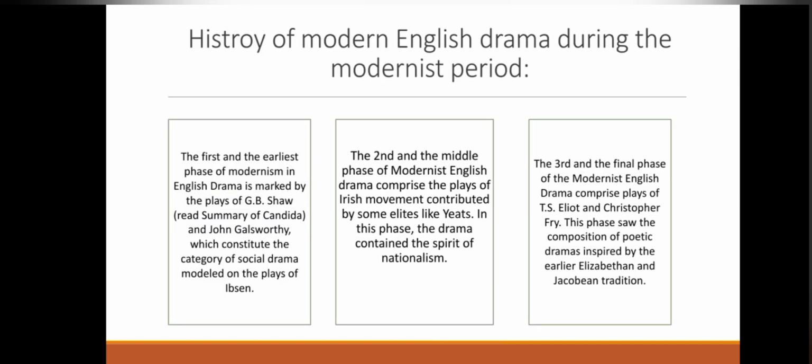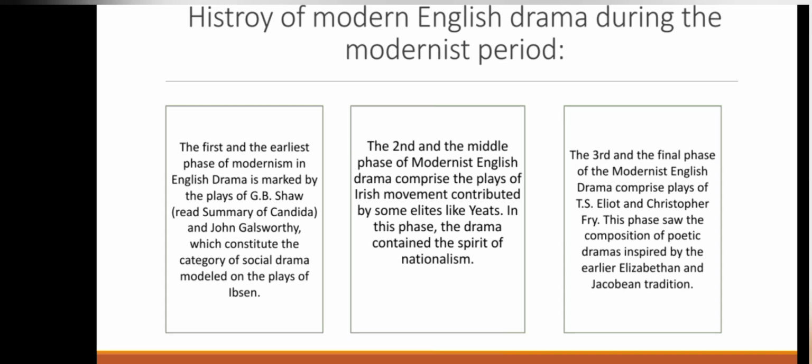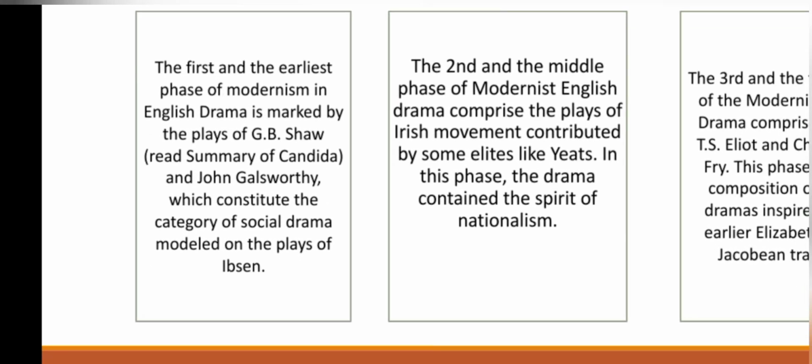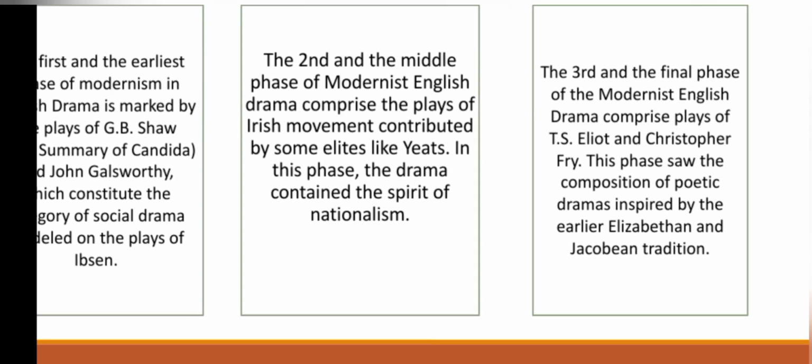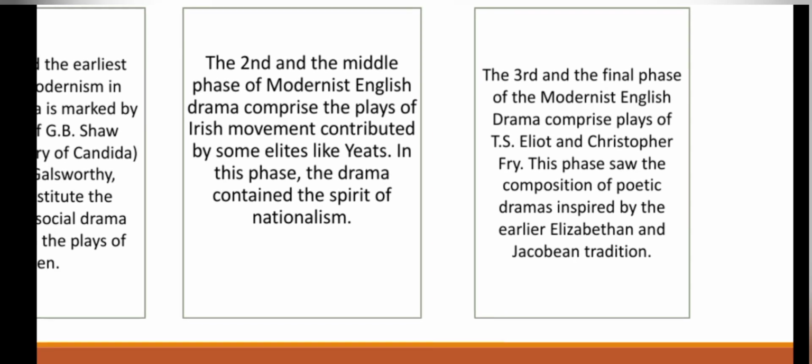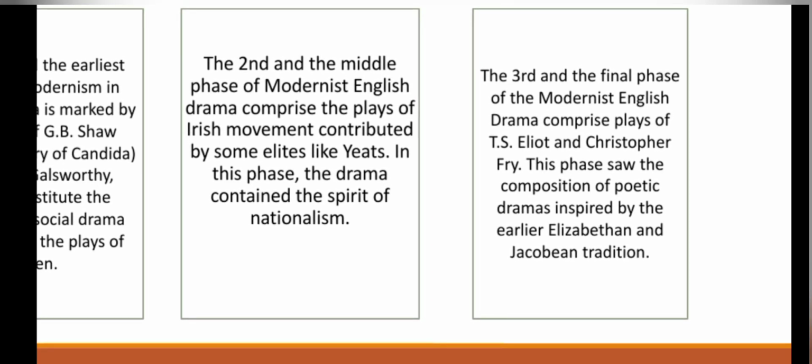Now we will discuss the history of modern English drama during the modernist period. So we will zoom it out. The first and earliest phase of modernism in English drama is marked by G.B. Shaw and John. So G.B. Shaw and John were the first writers, and then in the second phase of the modernist age, the Irish movement contributed by some elites like Yeats.